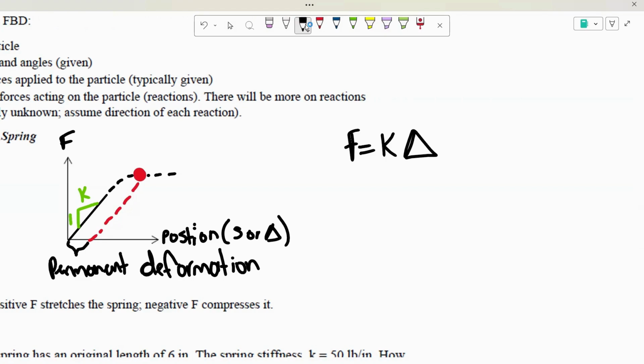And we know that delta is equal to the final length minus the original length. And that's basically all that you need to know.